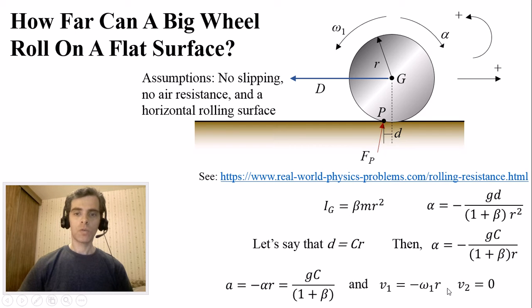And we want to know the rolling distance D, and for that we have to know that at the completion of the rolling, the velocity of point G is 0. So the linear velocity at the end of its motion is 0. So we just say v2 or v final is equal to 0.